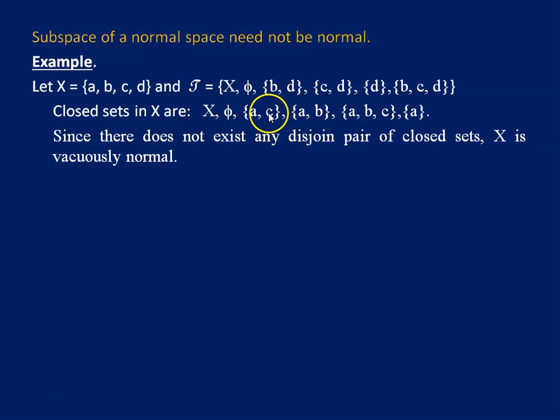Here we have a closed set AC and a closed set AB, they are not disjoint. Here we have AB and ABC, they are not disjoint. So we don't have any pair of disjoint closed sets in this topological space.